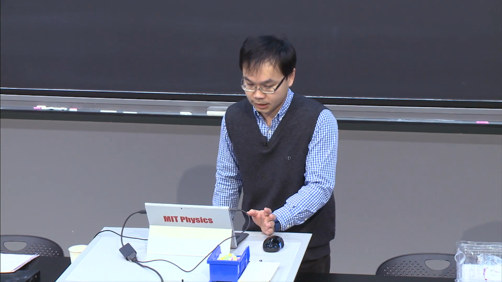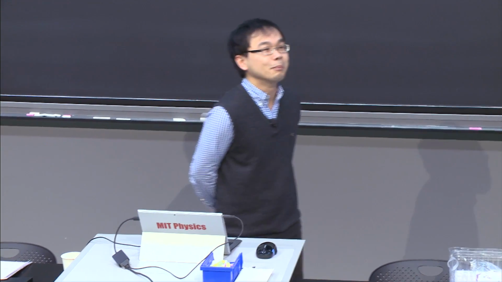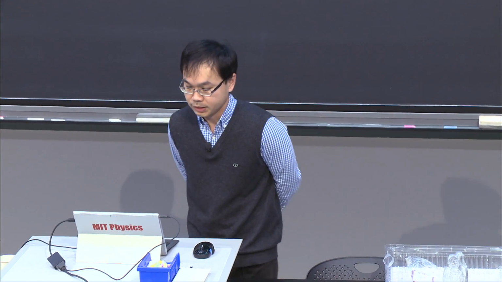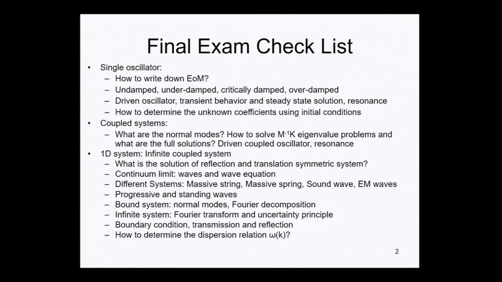For the bound system, we also have normal modes, and we discussed how to do Fourier decomposition and what the physical meaning of Fourier decomposition is in L3. And for the infinite system, we also learned about the Fourier transform and uncertainty principles.